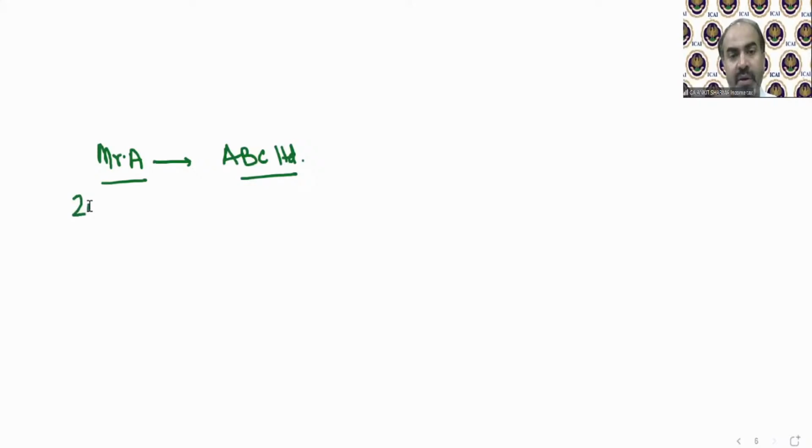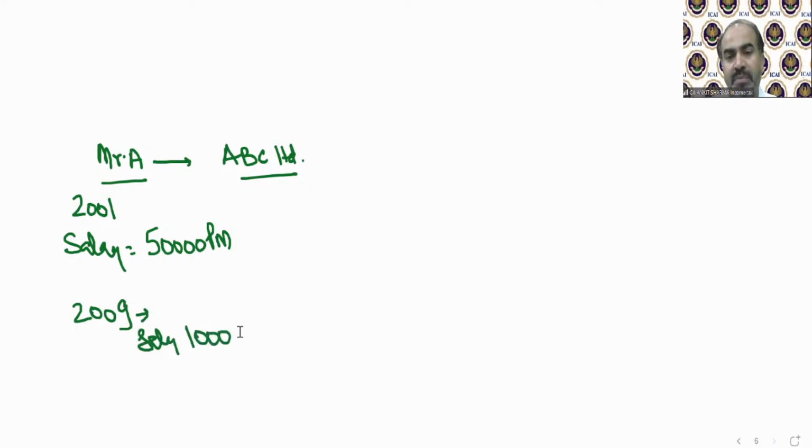From the year 2001, his salary was, for example, 50,000 per month. That means 6 lakh a year. In 2009, the salary became 1 lakh rupees per month.